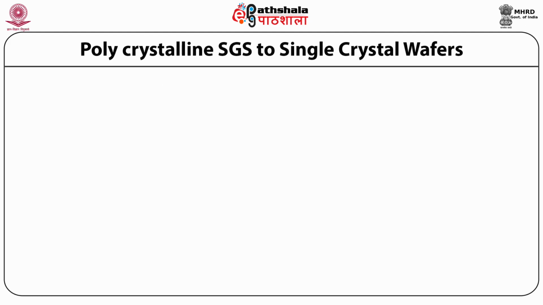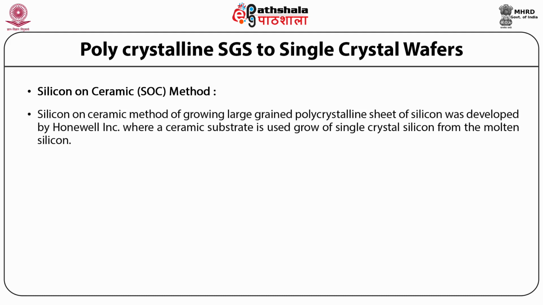The next technique which we are going to discuss is the silicon on ceramic, SOC, method. This technique of growing large grained polycrystalline sheet of silicon was developed by Honeywell Inc., where a ceramic substrate is used to grow the crystal silicon from the molten silicon.